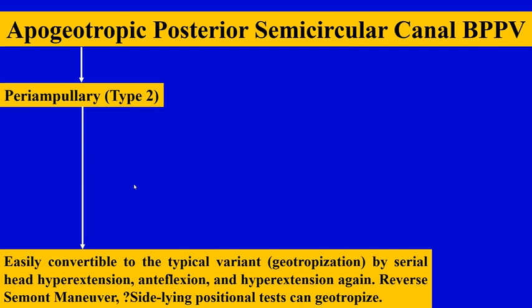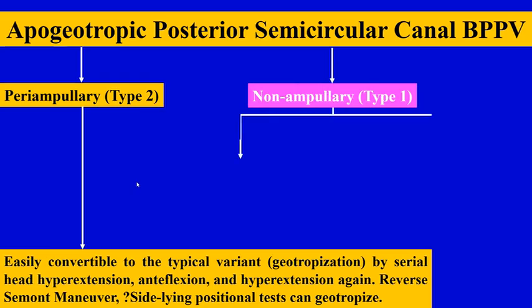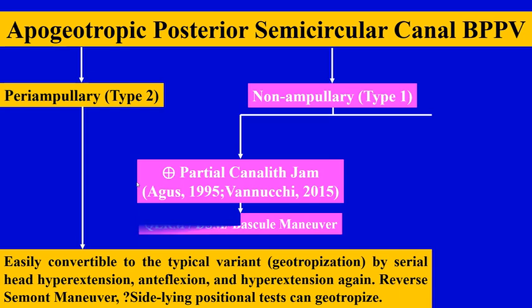Even the reverse Semont maneuver or sideline positional test can geotropize, and all these are possibly periampullary in location and somehow move ampulopetally during the initial Dix-Hallpike test. When we repeat the Dix-Hallpike test with a few antiflexion and hyperextension of the neck, it gets converted into the typical periampullary variant. The other variant is the non-ampullary, the type 1 variant.